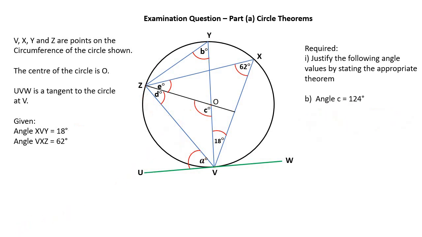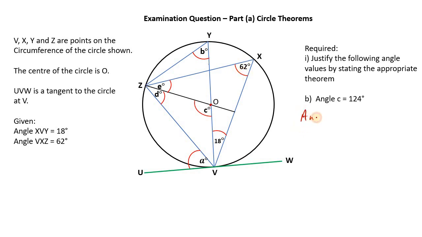Okay, next. So we know this is 62 degrees, right? Now, angle C is 124. That's what they're telling us. Why? Well, the principle is that the angle at the circumference is only half of the angle at the center. So we have an angle at the center here at O, called angle C, and it's 124, which is really twice the angle here, which is 62.